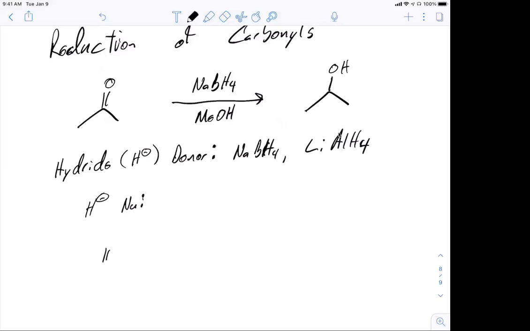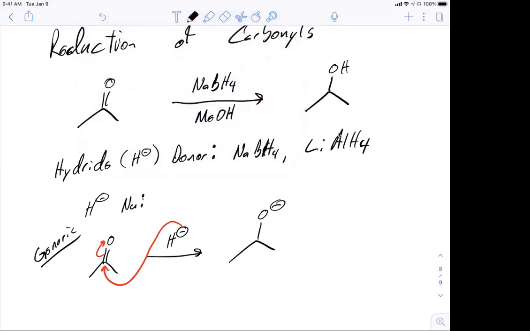If we take a carbonyl and react that with a hydride donor, this is generic. What's happening is our hydride is attacking the electrophilic position. That adds my hydrogen.